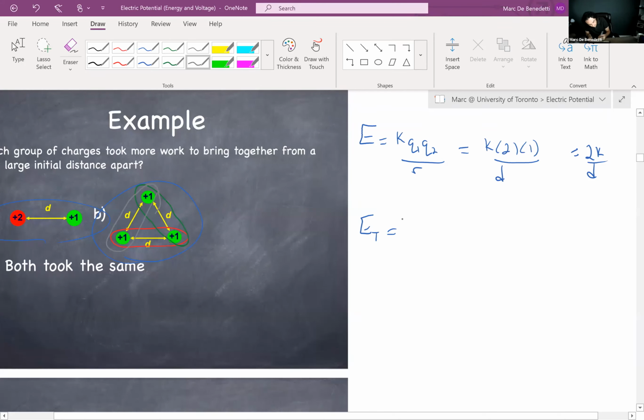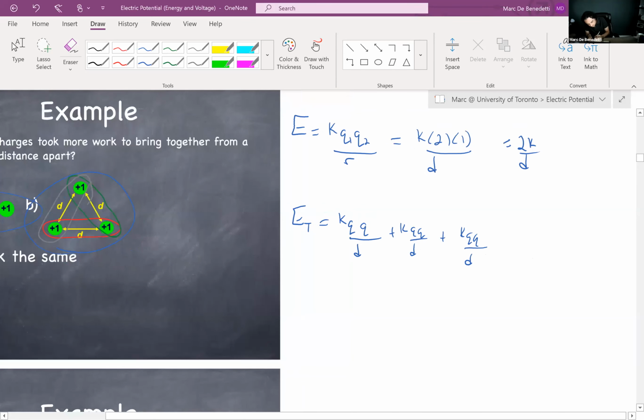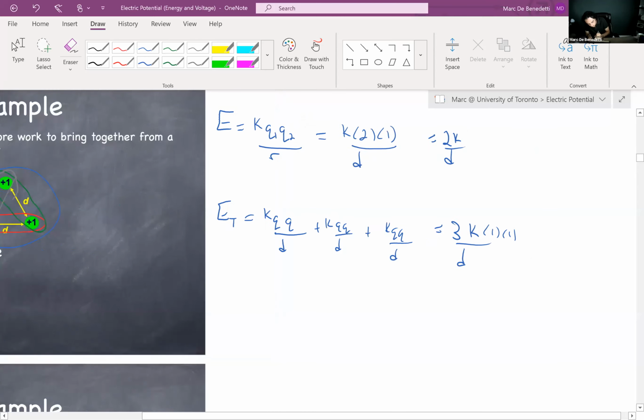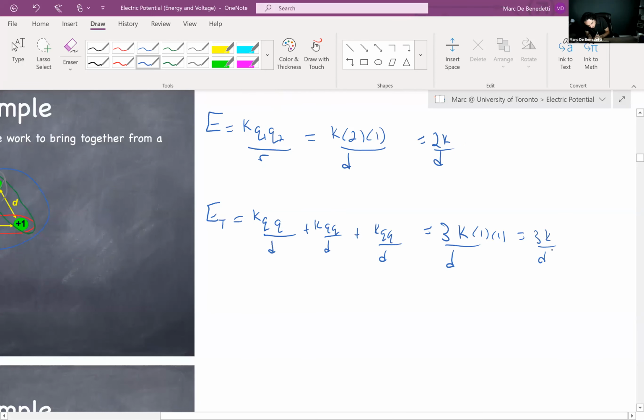So we're going to have kQQ over d plus kQQ over d plus kQQ over d. So that's going to be 3k times 1 over d, or 3k over d.